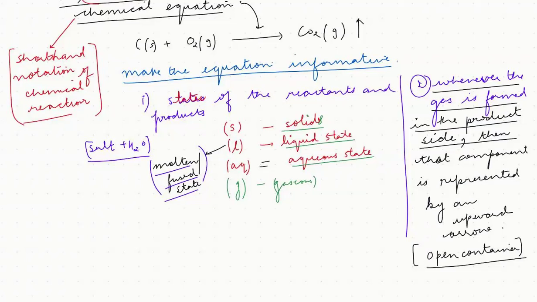Got the point? One second. I couldn't understand component, so I thought it was compound. By an upward arrow. Yeah, by an upward arrow.